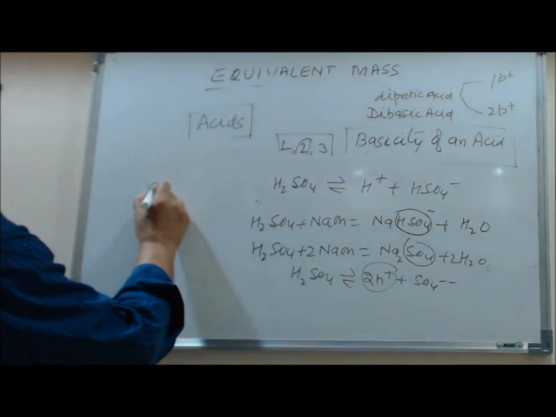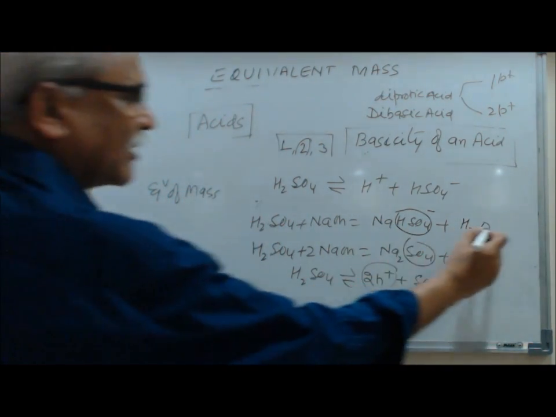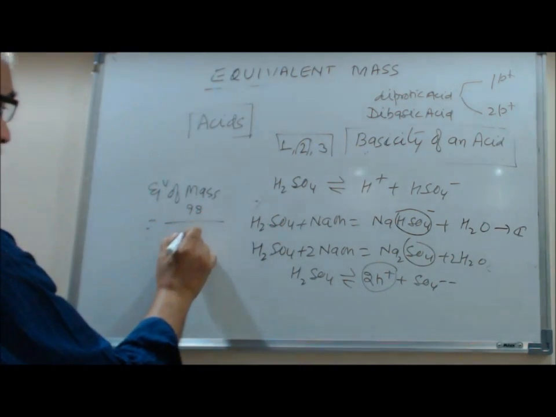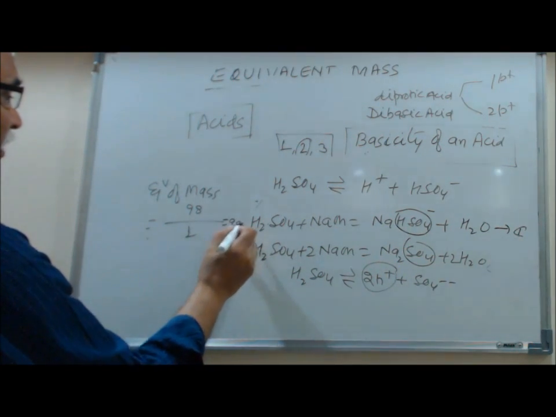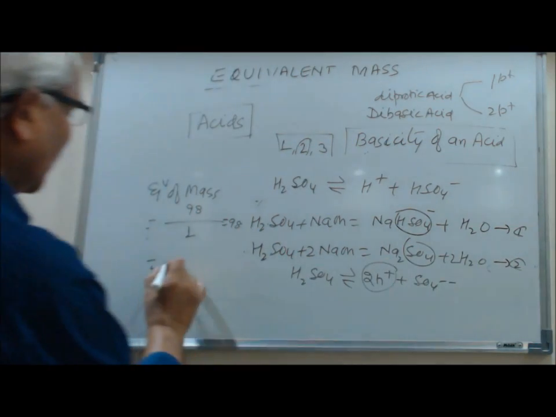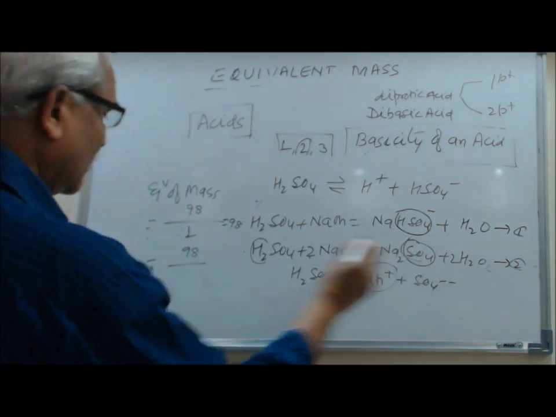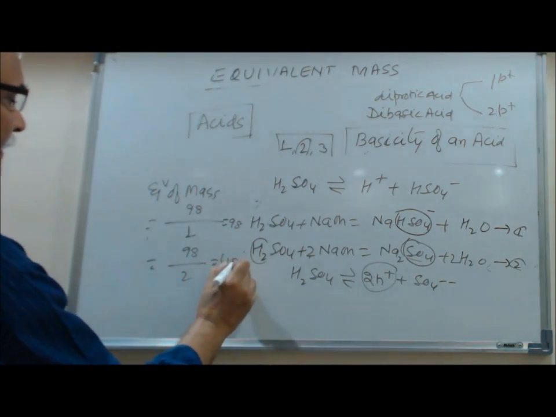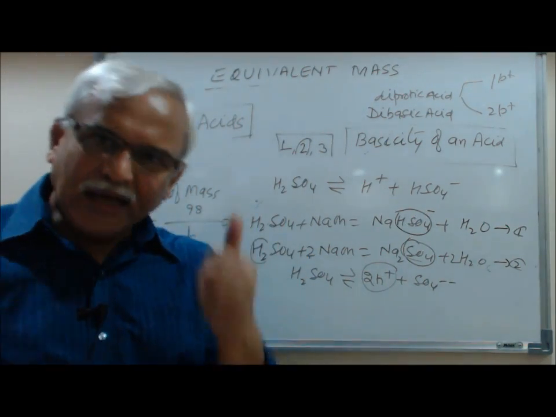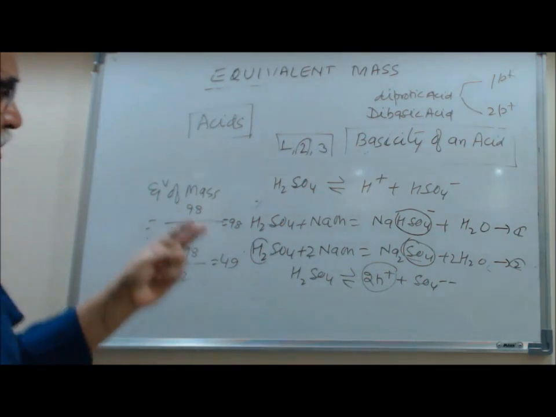So equivalent mass of sulfuric acid in the reaction number 1 will be equal to its molar mass, which is 98 by 1. But in this reaction it will be molecular mass, which is 98 by 2, because 2 protons are coming, 49. So sulfuric acid can have equivalent mass 49 or 98 depending on 1 proton is involved or 2 protons are involved.